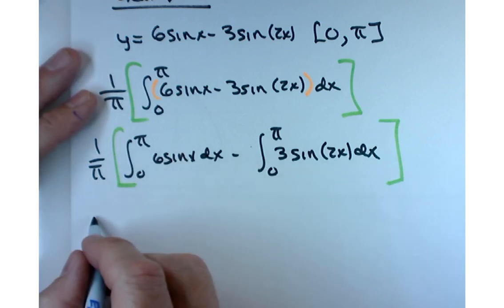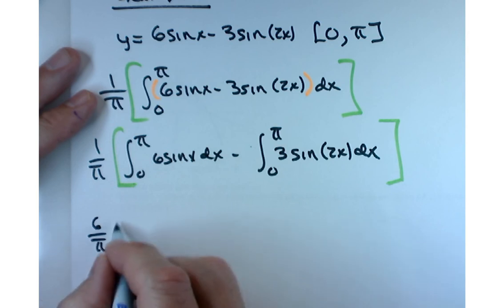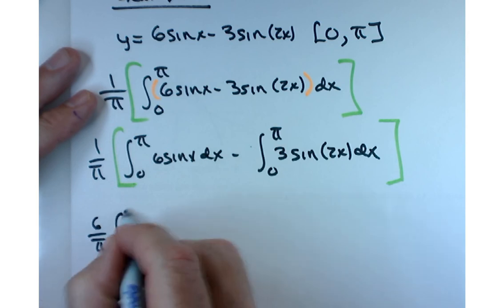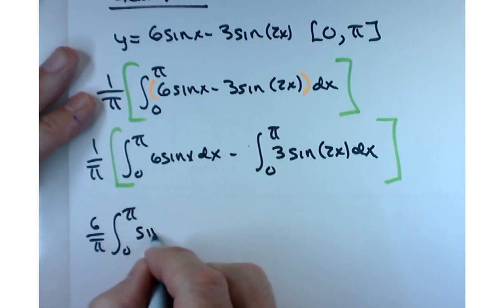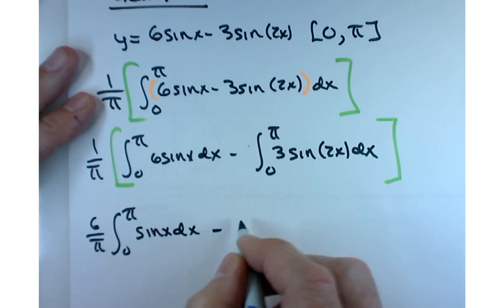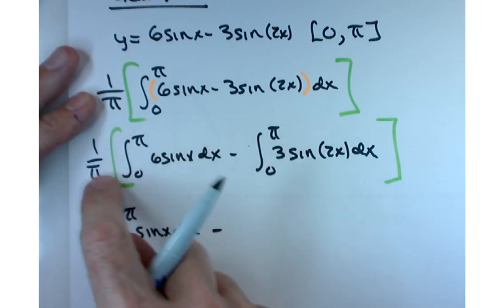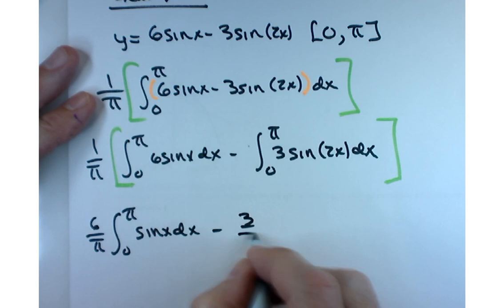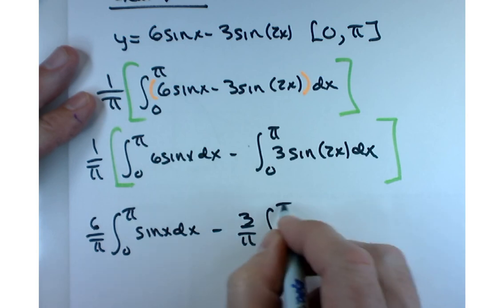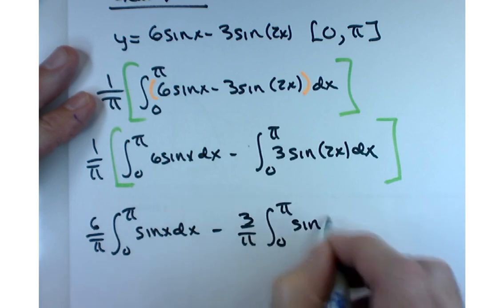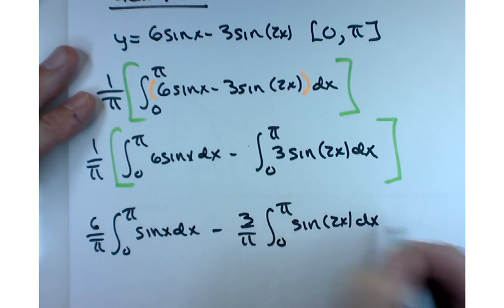Let's take the 6 out here, 6/pi times the integral from 0 to pi of sine of x dx minus, I'll take the 3 out, 3 times 1/pi, the integral from 0 to pi of sine of 2x dx.